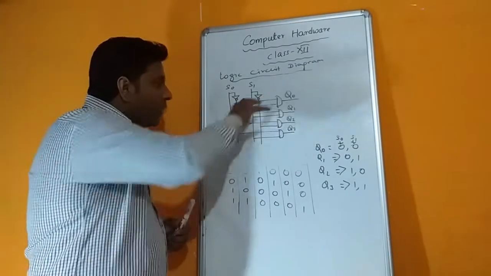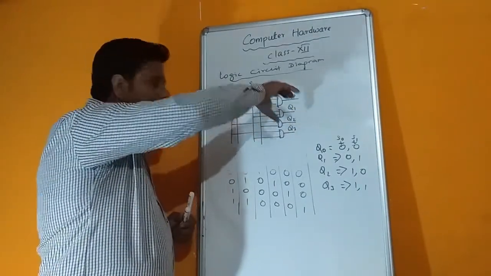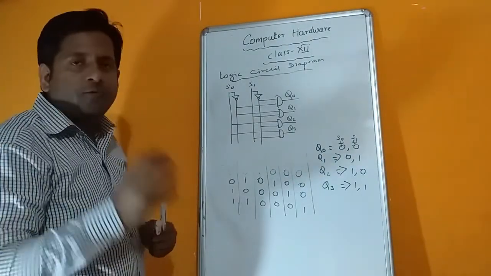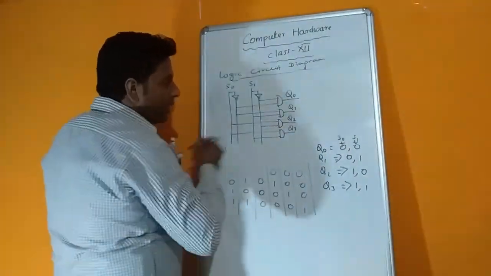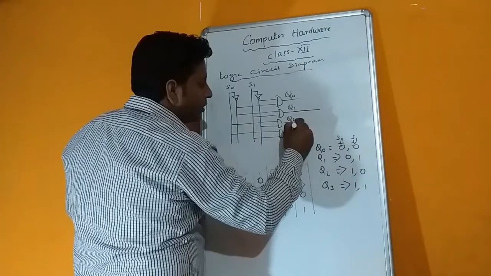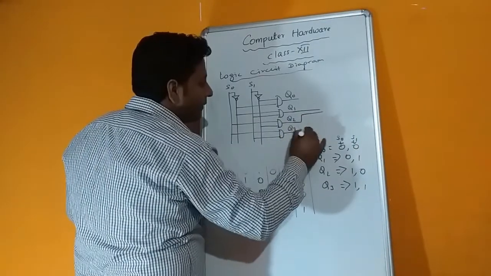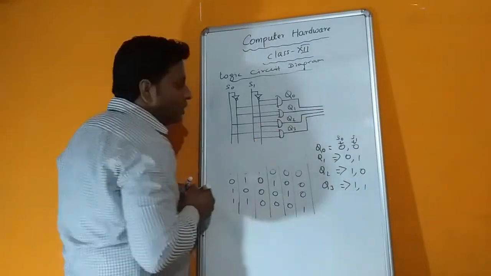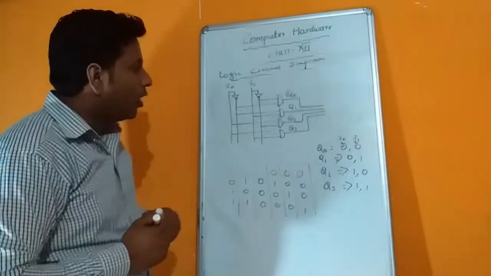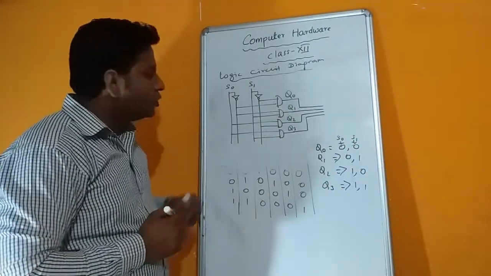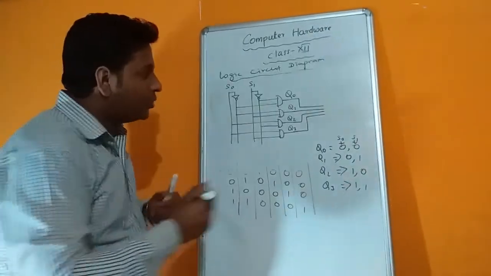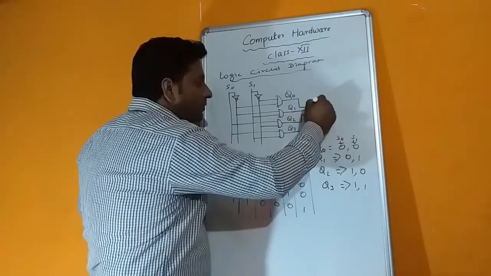Now when you get the output of decoder, this output of decoder we have to use as input for multiplexer. So let us combine this one. So we have taken all the output as input for 4 into 1 multiplexer, and this 4 we have to make a single output using OR gate.